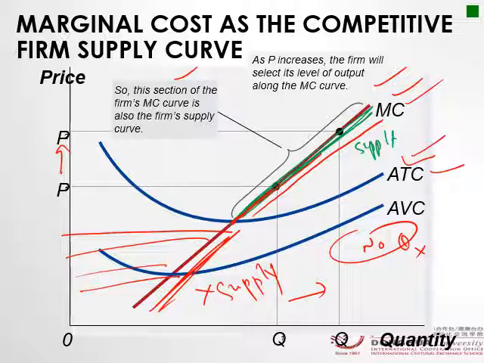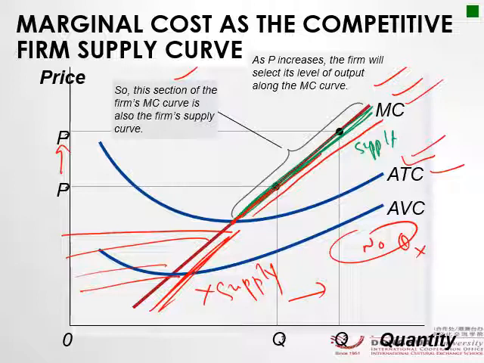Now here, if you see that the graph mentions some part of marginal cost, so it means some part of marginal cost is called supply, not all of it. Here this part is not supply. Why?